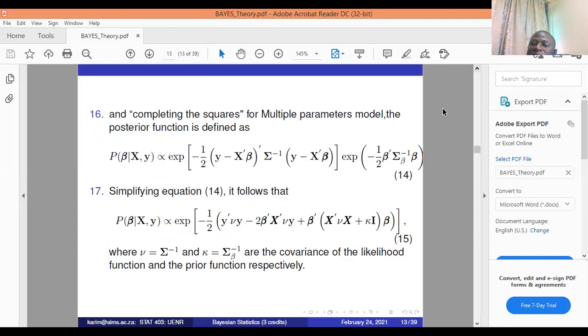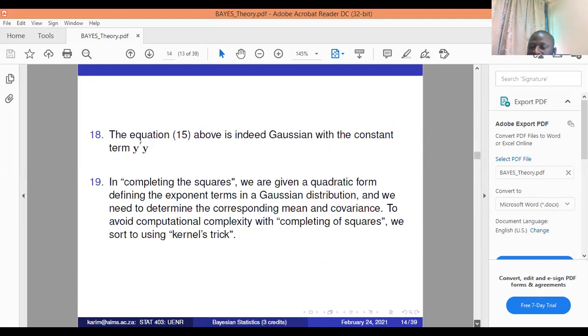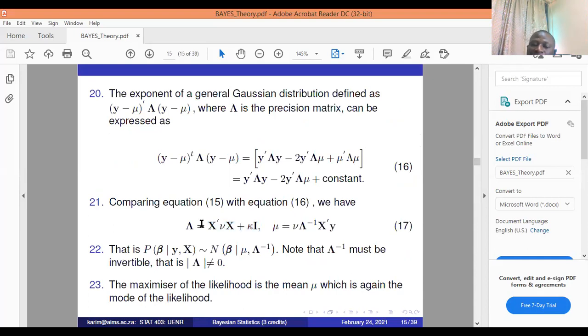That is what is in the bracket here. So this is y transpose, this is y, and what is remaining is this one. So the precision matrix is simply equal to what we have. And that is the precision matrix here. And that is the variance covariance.